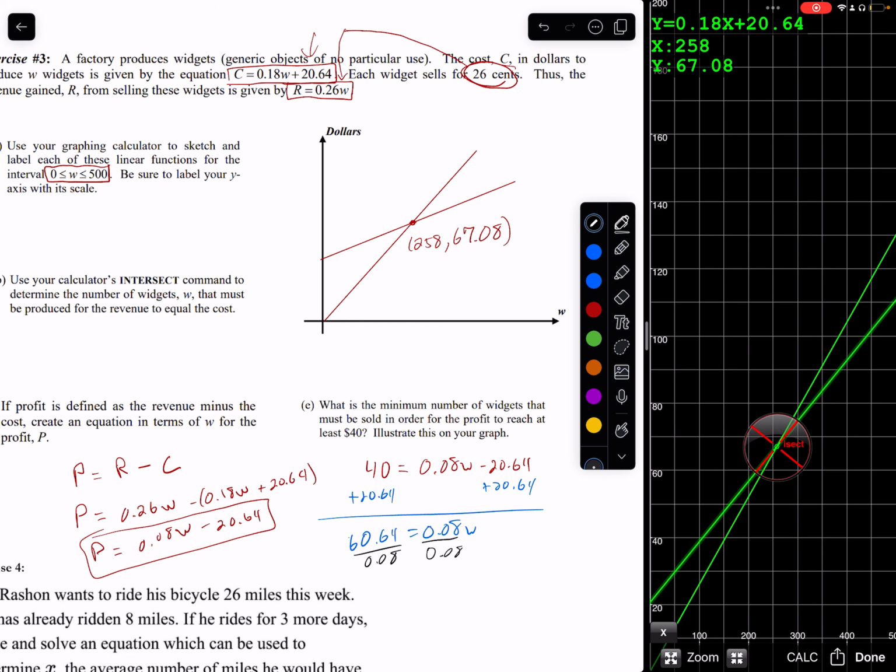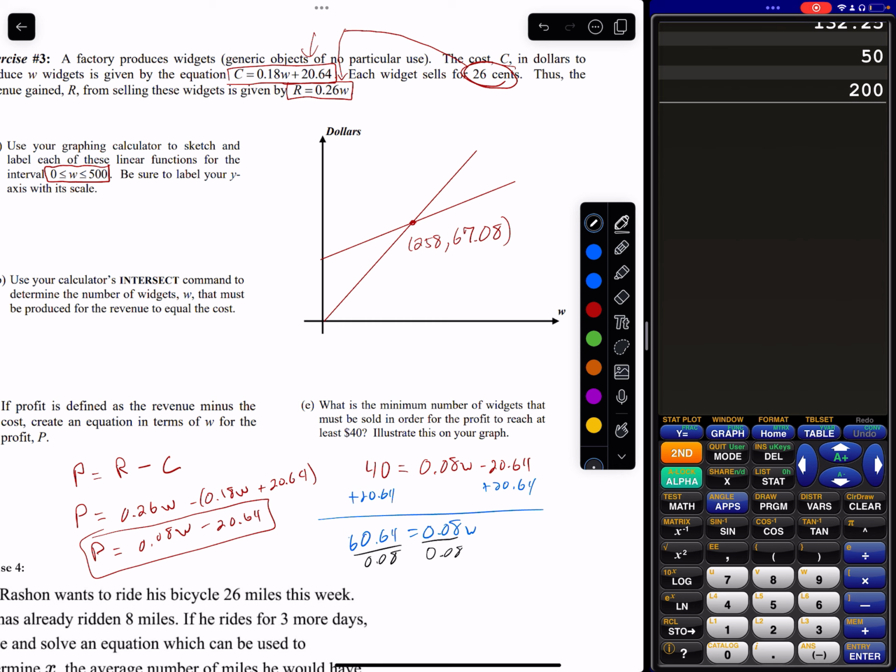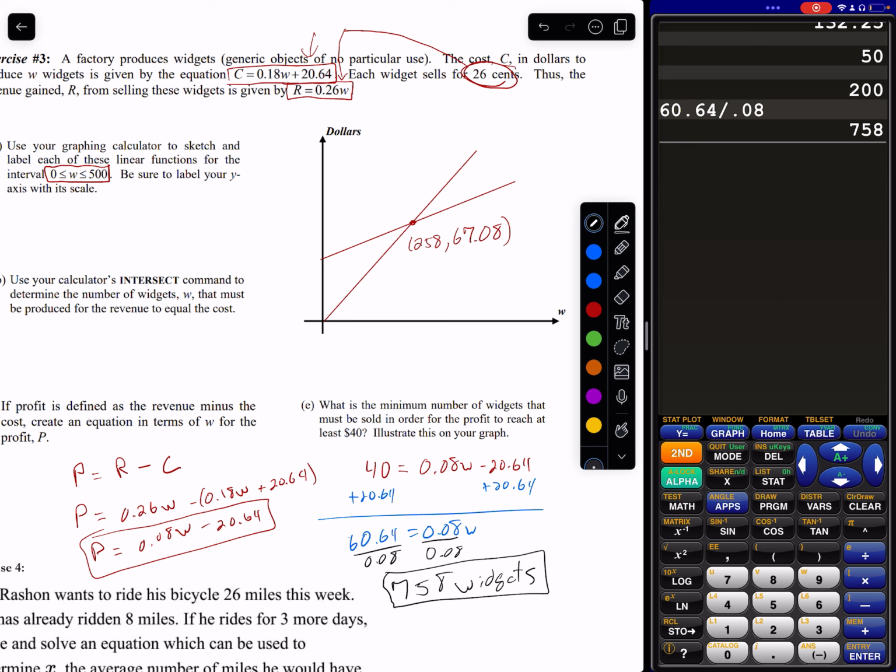So 60.64 divided by 0.08, I get 758 widgets to be sold. So once they reach 758 widgets, you know you're going to be making a profit of $40.